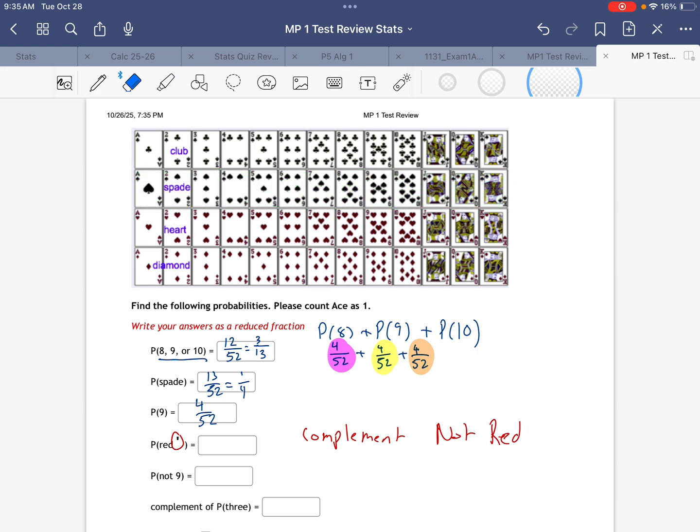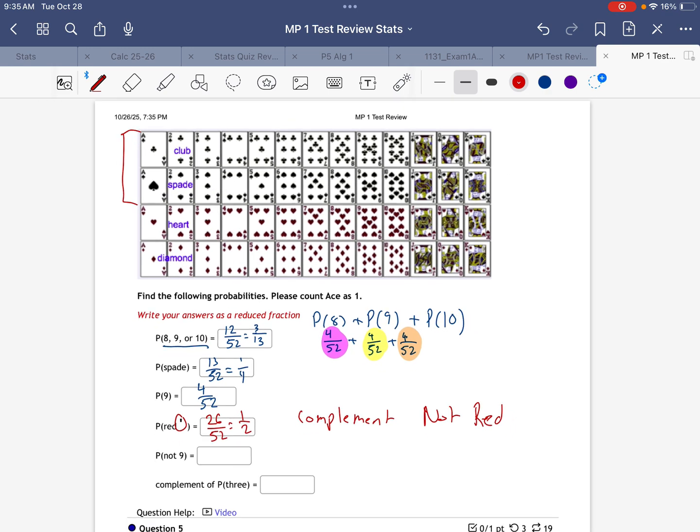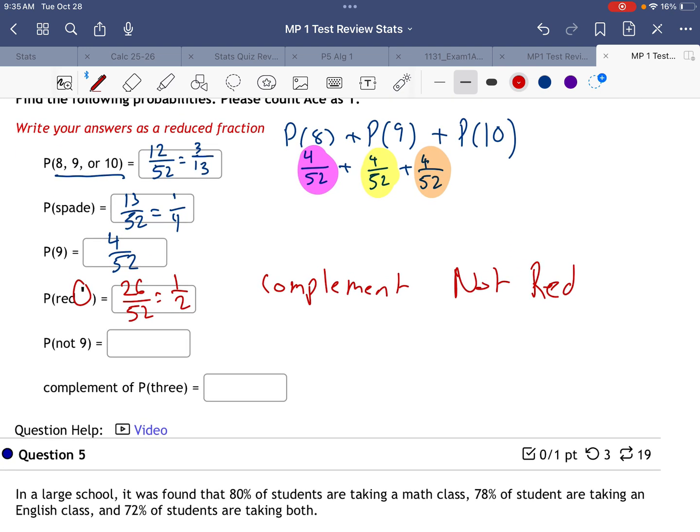If you've played with cards, you'll know that both the clubs and the spades are black cards. The 2 red cards are hearts and diamonds. So this is going to be 26 out of the 52 are not red, or half of them are not red. Both the probability of not 9 and the complement 3 are basically asking the same idea.